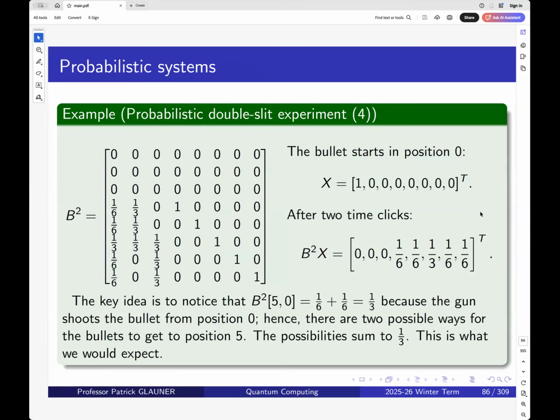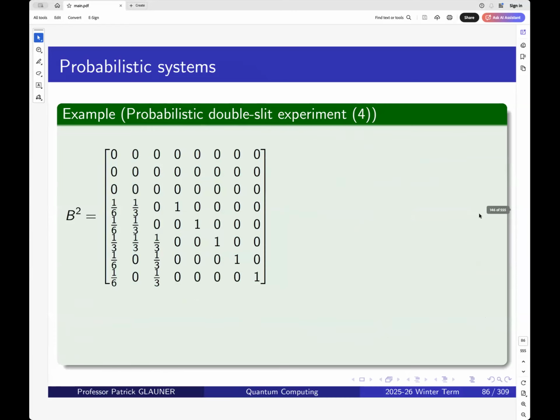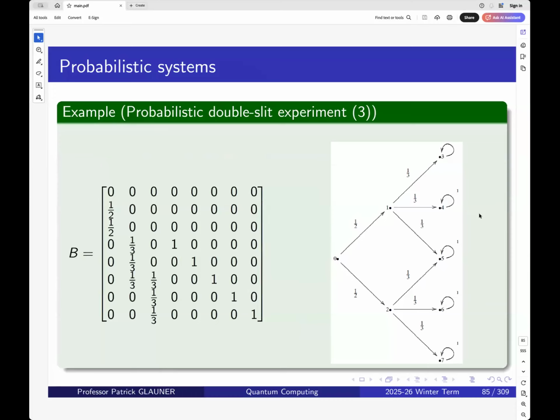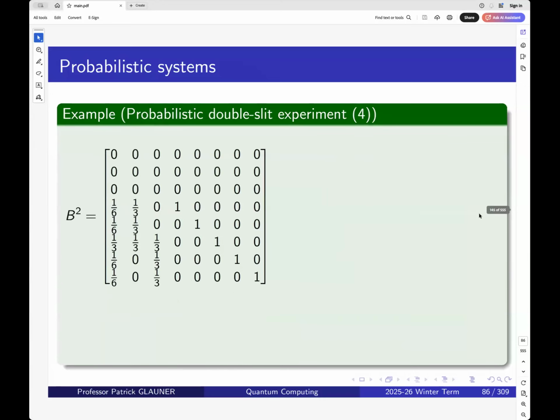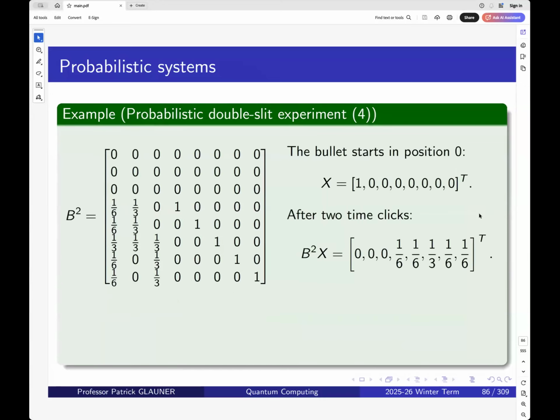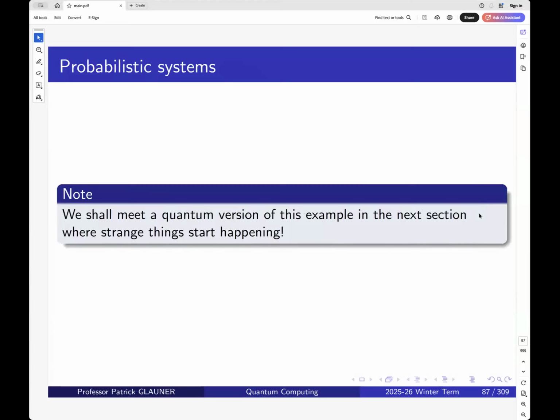So even though we didn't have a doubly stochastic matrix, the outcome is correct. And we don't need a doubly stochastic matrix here because we're not interested in going back in time in this experiment. And it's anyway just a simplification of the real quantum double slit experiment.